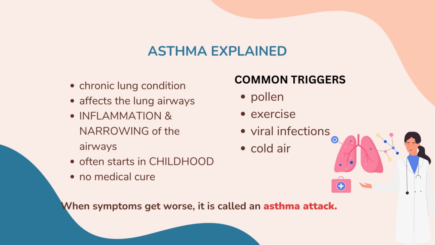Most of the time, it starts in childhood, but that doesn't mean adults can't get it. Adults can also have asthma. But most of the time it will start in childhood, and there is no medical cure for asthma, except if there's some supernatural intervention, which I honestly believe in.